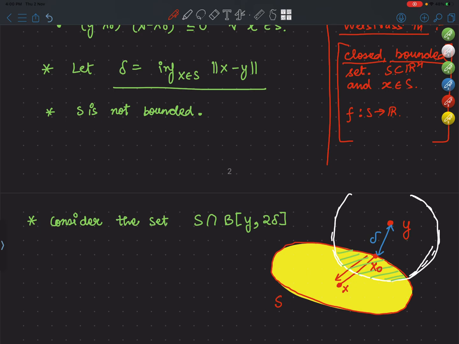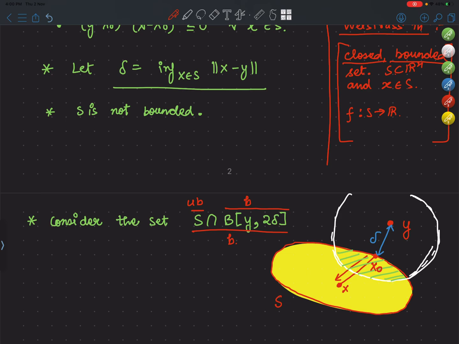Now this set will always be bounded, because it is the intersection of an unbounded set and a bounded set. Unbounded and bounded, so the intersection of those two sets will always be a bounded set.